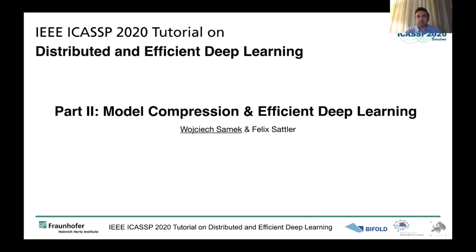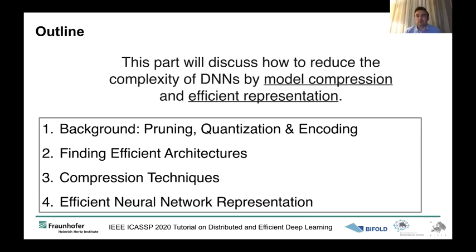Okay, so let's talk about model compression and efficient deep learning. This part will discuss techniques for how to reduce the complexity of neural networks by model compression and efficient representation.